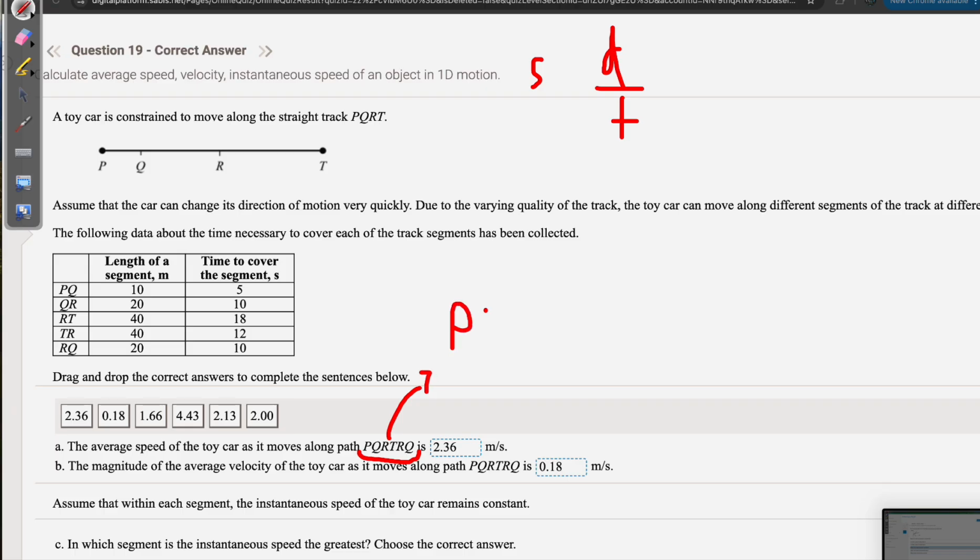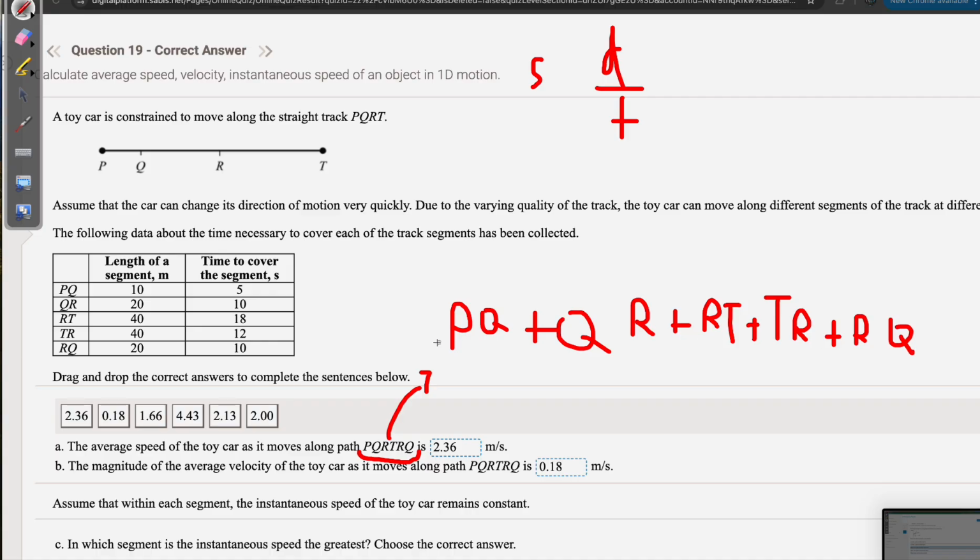This is equal to PQ plus QR plus RT plus TR plus RQ, and then to find the speed, all of that over time.